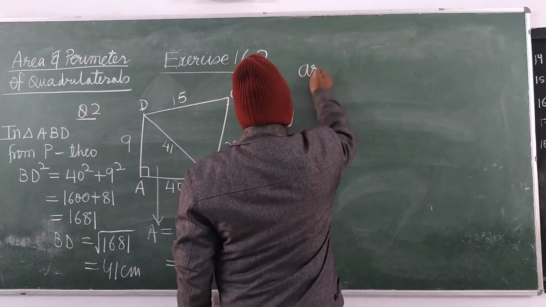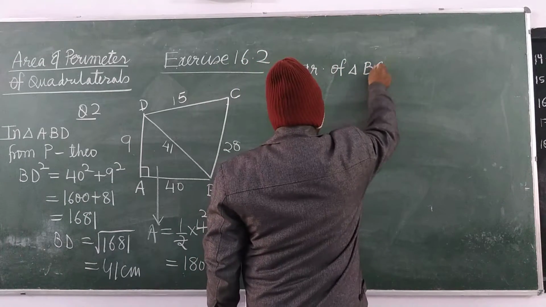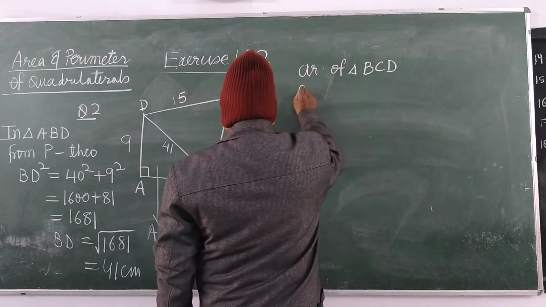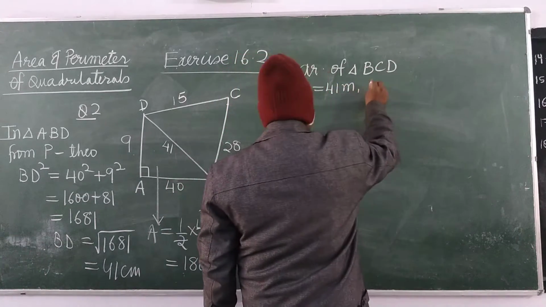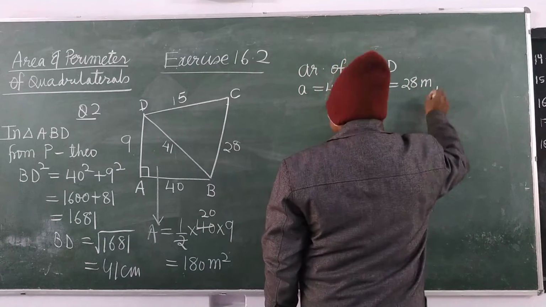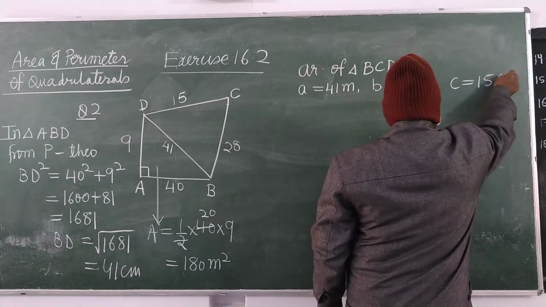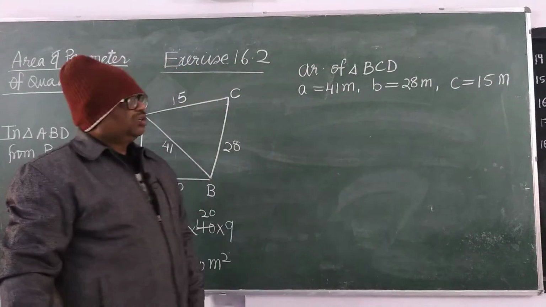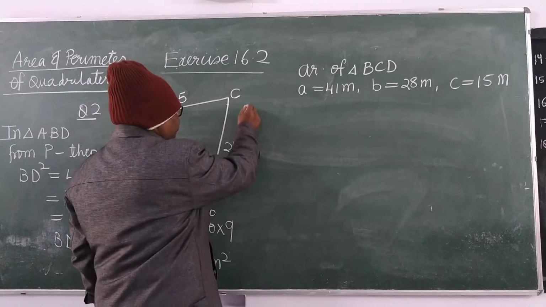You can see here area of triangle BCD. Here you take A equals to 41 meter, B equals to 28 meter, and C equals to 15 meter. Now find out 2S. 2S is what? Perimeter. So what will be 2S?